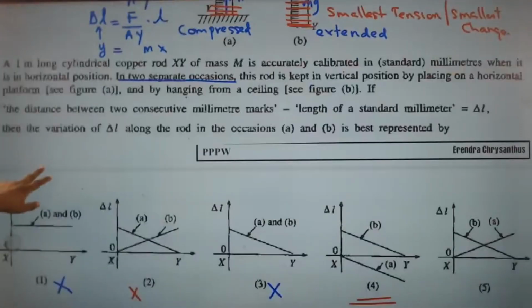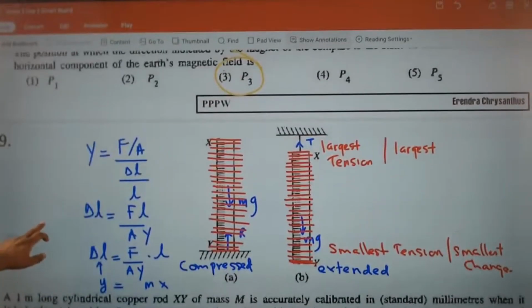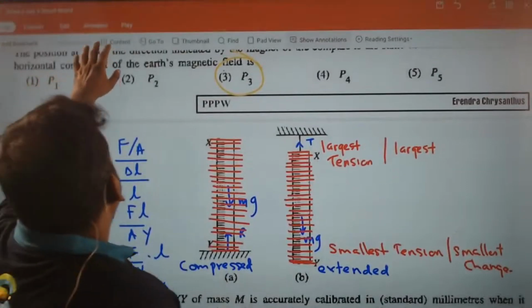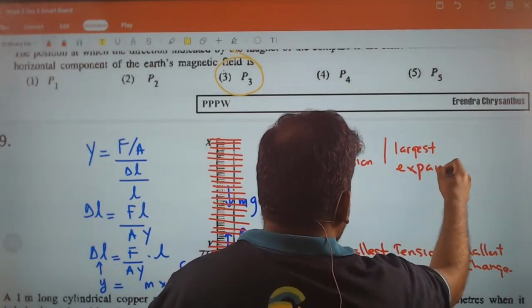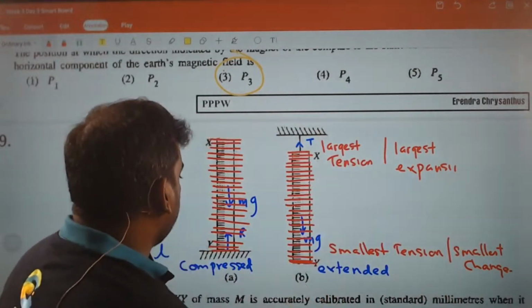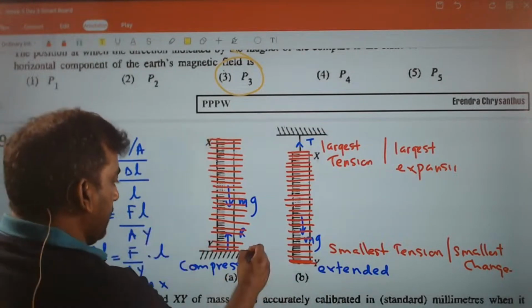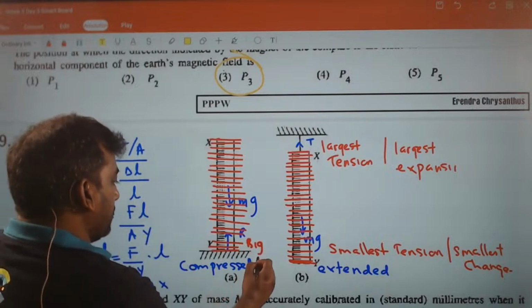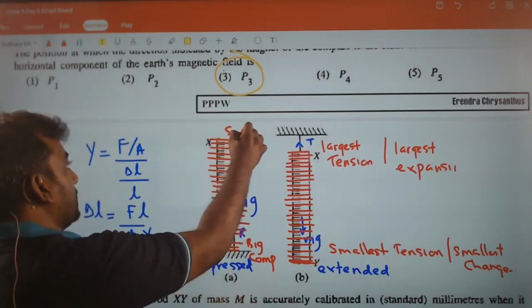So here, largest tension. So if you look at this, largest expansion. So here bigger expansion, here small expansion. Here you have the biggest compression. Here you have smallest compression.